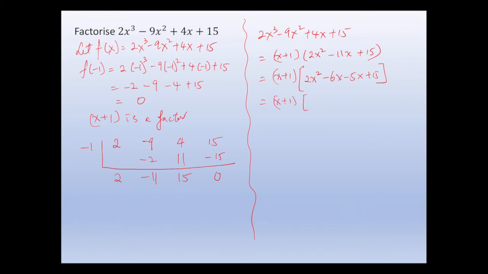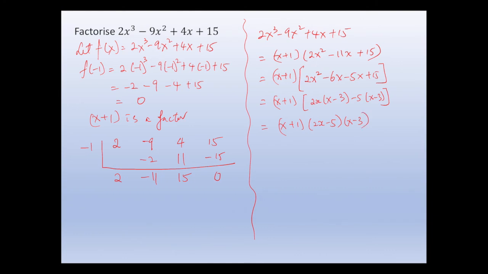So therefore, if I split minus 11 into minus 6x, minus 5x plus 15, I can actually factorize by grouping. So if I take the 2x out, it is x minus 3, and take the minus 5 out, it is x minus 3.